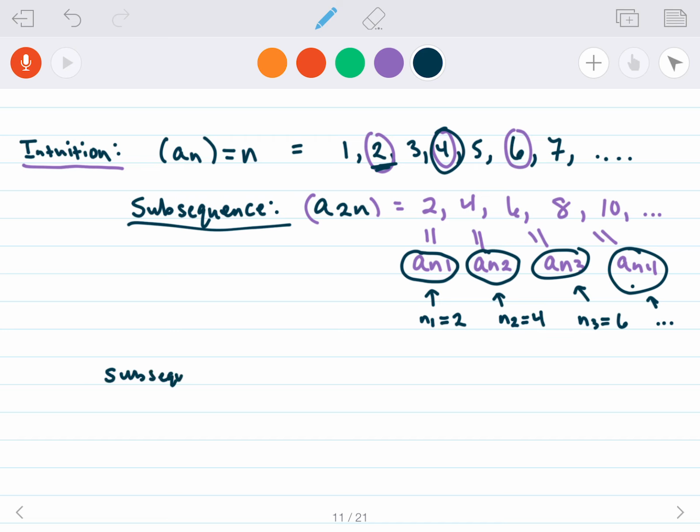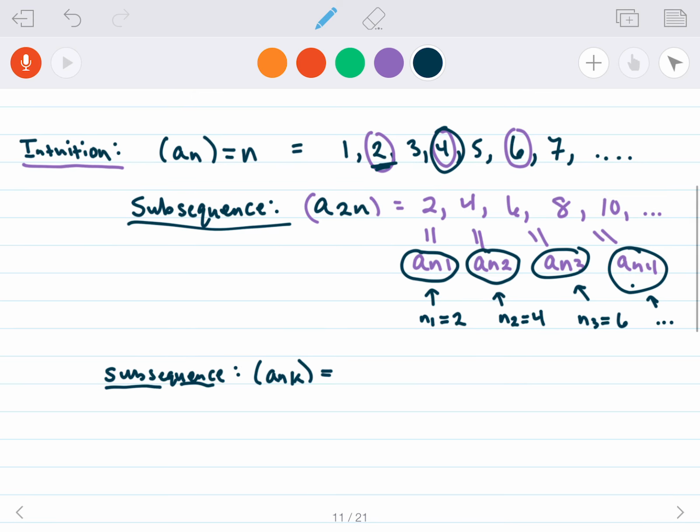So we could have the subsequence, let's say a sub nk. We could define it like this. We could say it's maybe 1, 2, 5, 106, 153, 2011, I don't know, whatever.